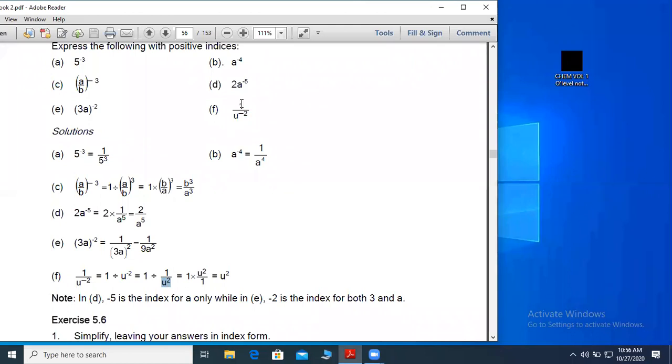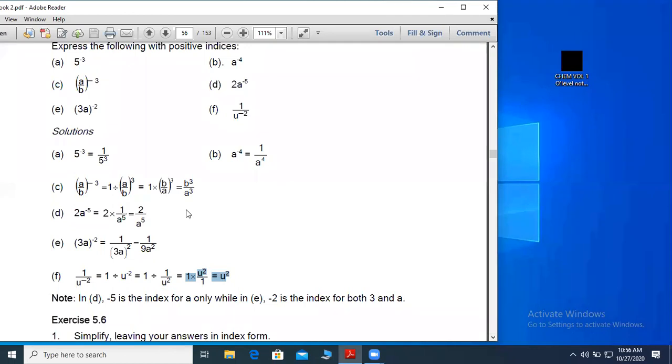And it is divided by 1. So we get 1 divided by u to power negative 2, which is the same as 1 divided by 1 out of u squared. To divide by a fraction, we multiply by the reciprocal. So it will be the same as 1 times u squared, which is equal to u squared.